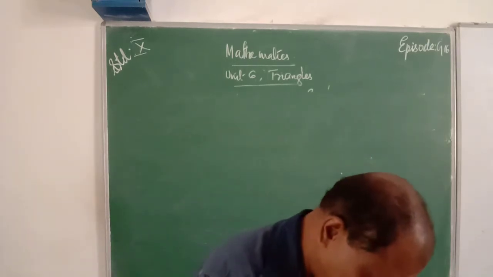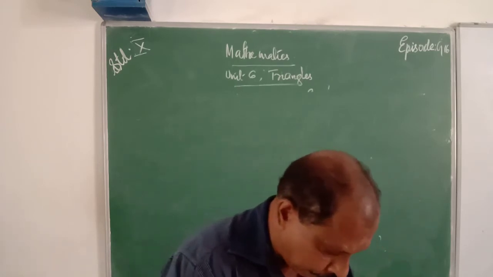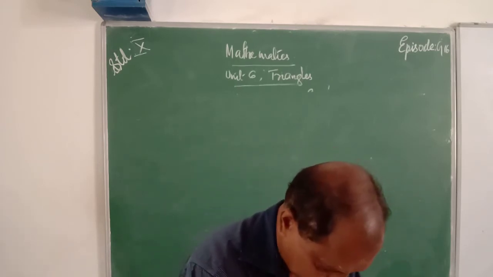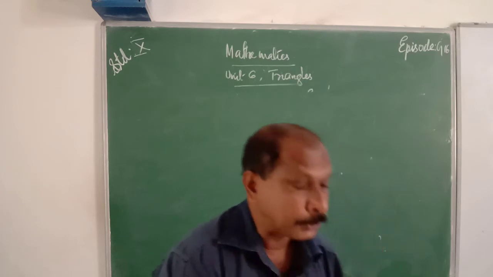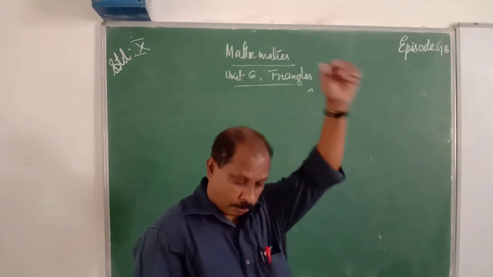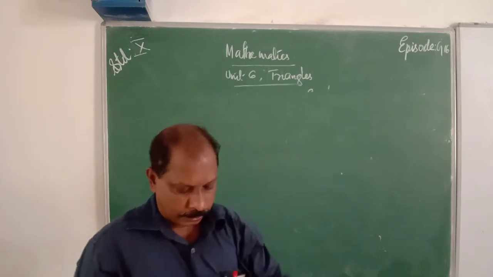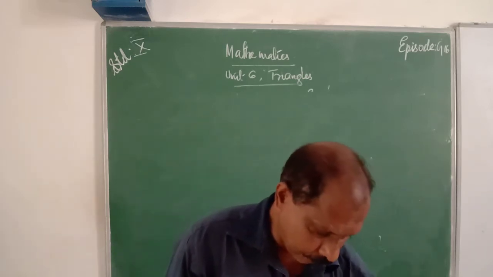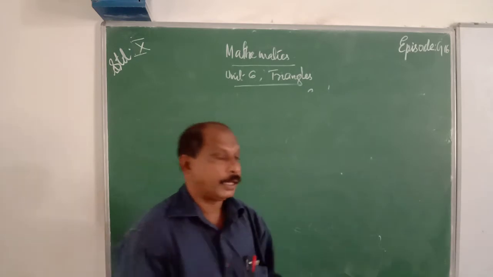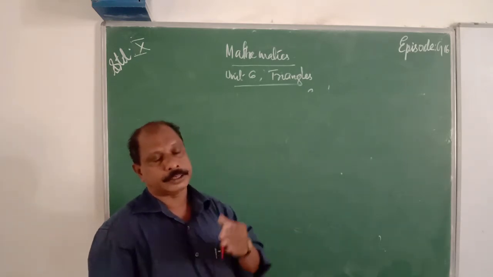Then the next theorem is 6.6, that is the area of similar triangles. That is the ratio of the areas of similar triangles. That is theorem number 6.